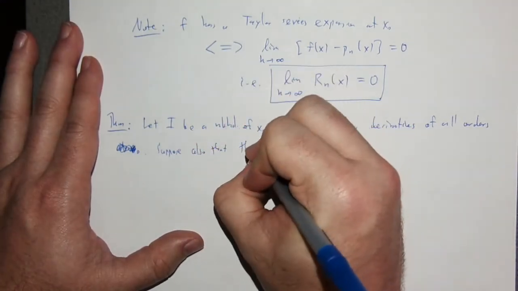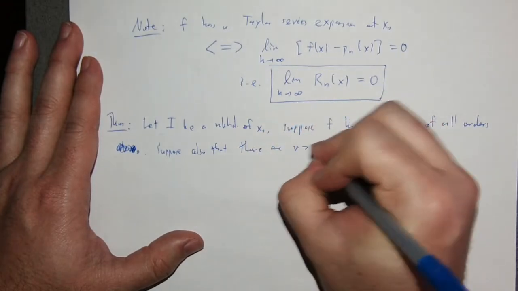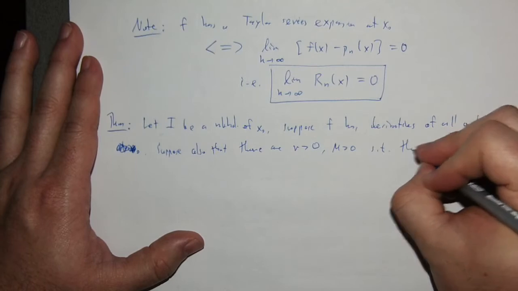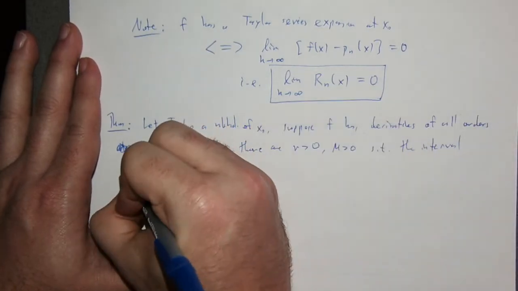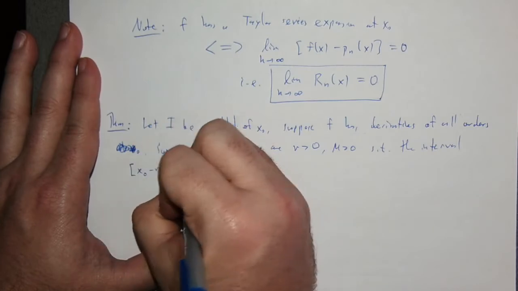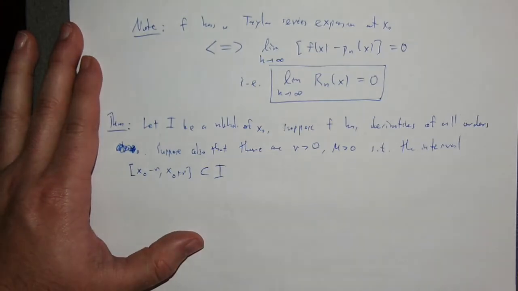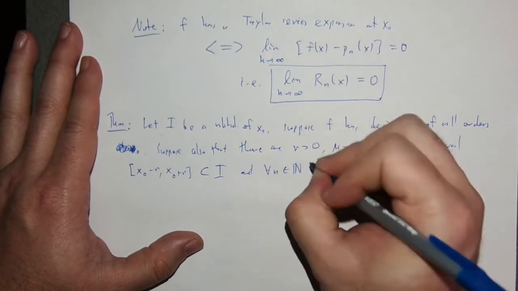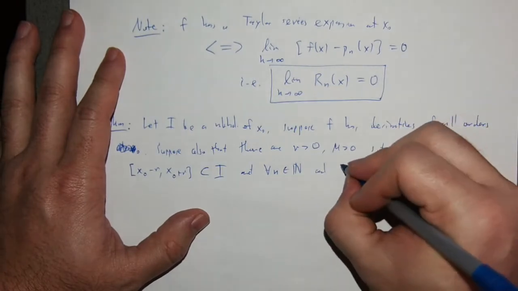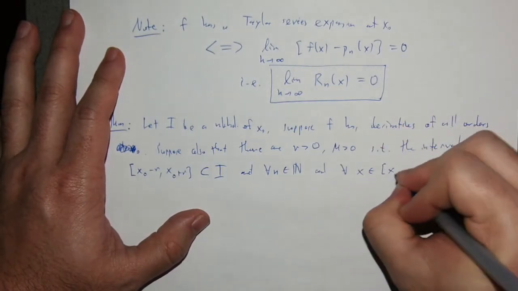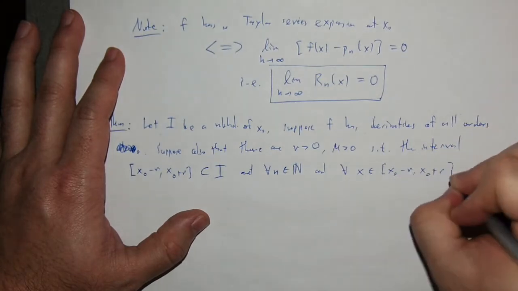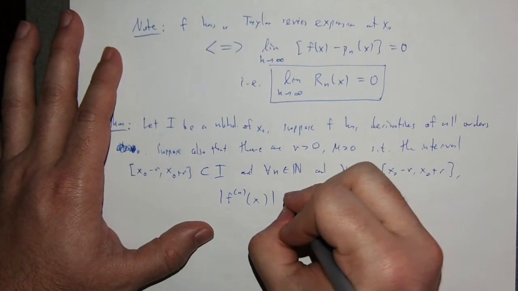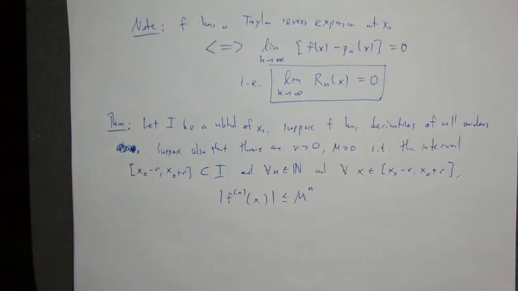that there are positive numbers r and m such that the interval x naught minus r to x naught plus r is contained in I, and that for all natural numbers n and for all points in that interval, we have the bound, or we have that f and all of its derivatives are bounded in this way.